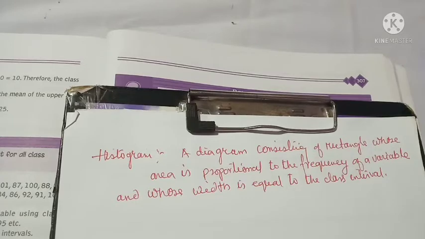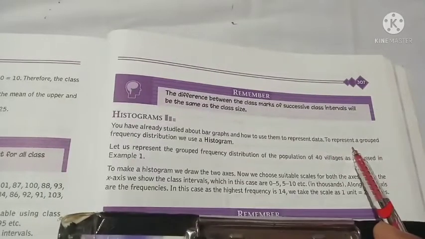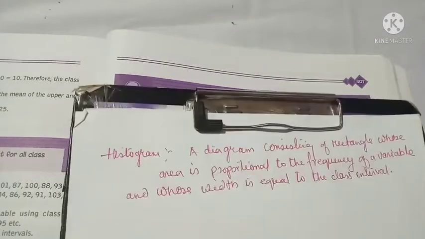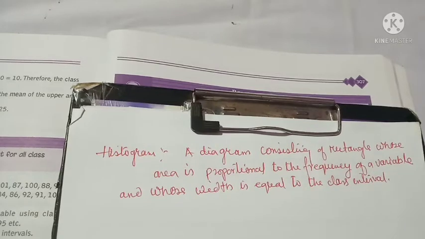Here it is also mentioned that it is used to represent the group frequency distribution. There is another definition of histogram. To represent the group frequency distribution graphically, we represent the group of the observation, that is the class interval, on the horizontal axis, and the frequency of the class interval along the vertical axis.